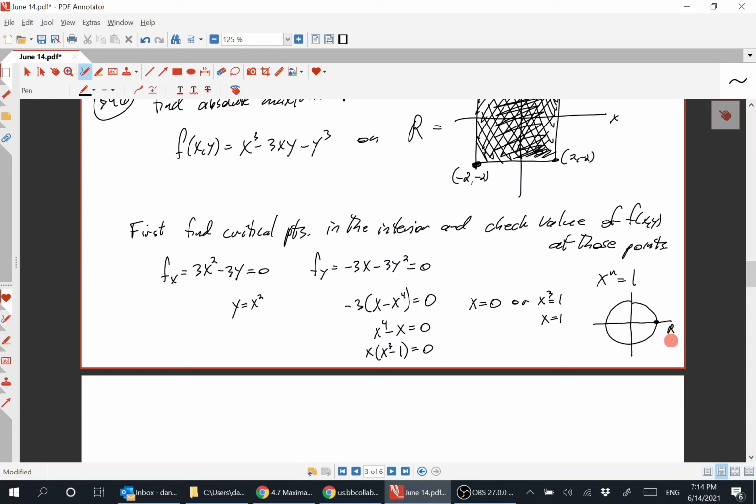Like this is the real axis and this is the imaginary axis. And the roots are like evenly spaced points on that circle. And the only real values you get are 1 and minus 1. So over here, they're complex numbers. Right? They're n distinct roots that are all complex or imaginary numbers. Right? But the only real solutions you ever get to x to the n equal to 1 are 1 and negative 1.